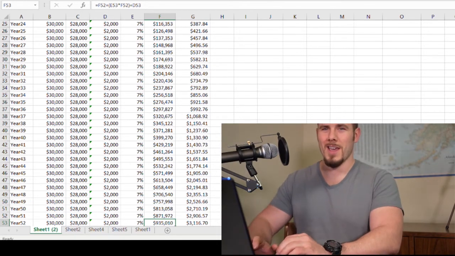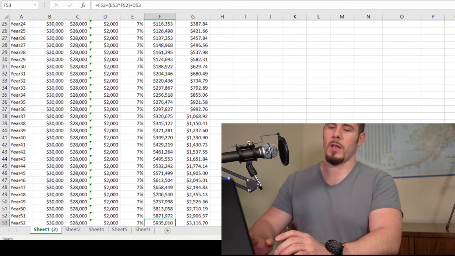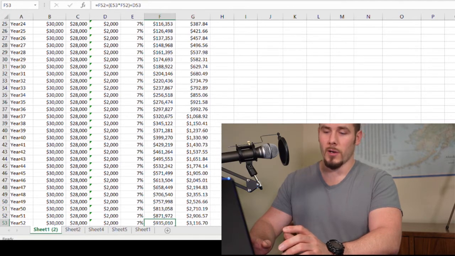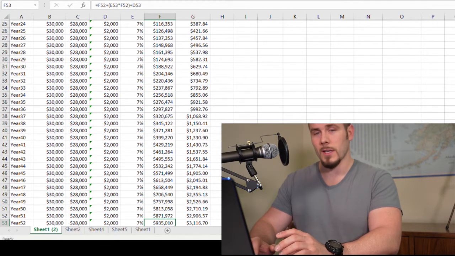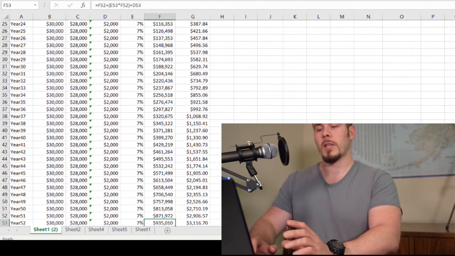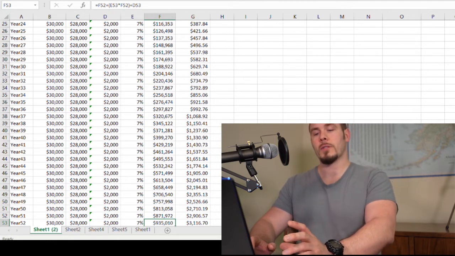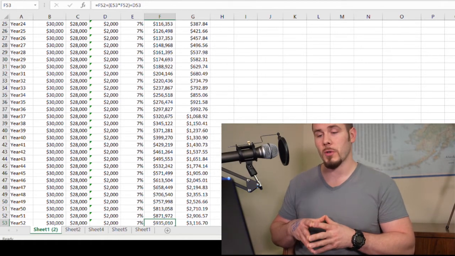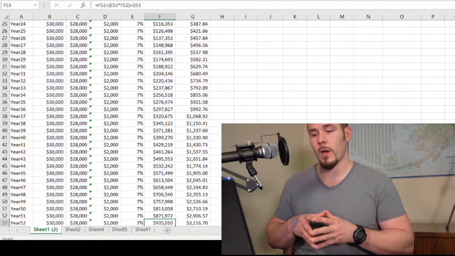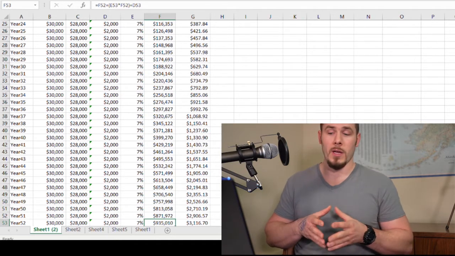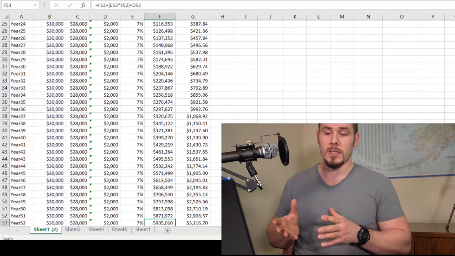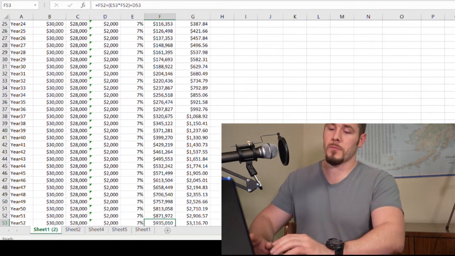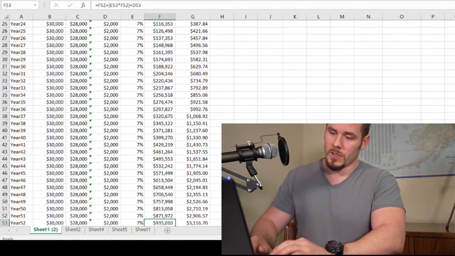I mean, that's a big number, but when you're talking about 52 years of work and coming out with $935,000, it's not too exciting. But keep in mind that 52 years times the $2,000 contribution means that person contributed $104,000 over the course of a lifetime, and they basically increased it by about 9 times. So that's a 7% return.